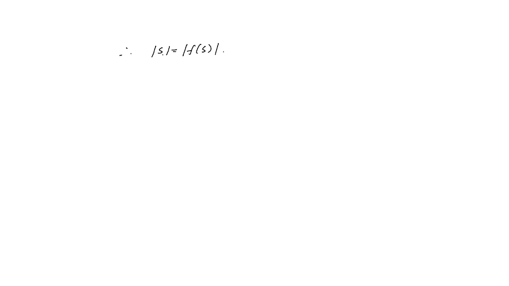Okay, so recall that if F is a map from X to Y and this map is bijective, then the cardinality of X must be the cardinality of Y. So here S to Fs is a bijective map. So that's why the cardinality of S equals the cardinality of Fs.